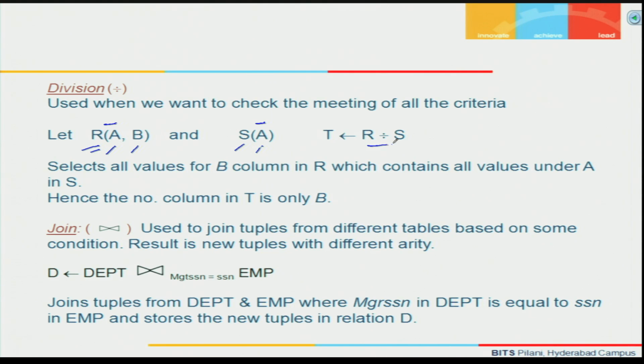If I apply the division operator R divided by S and the result is T, then in T you will find only one attribute, that is B. That means R contains A and B and S contains only A. So the result T will contain this set minus this set, and that will be the attributes that show up in the result T. It selects all the values for column B in R which contain all values under A in S.